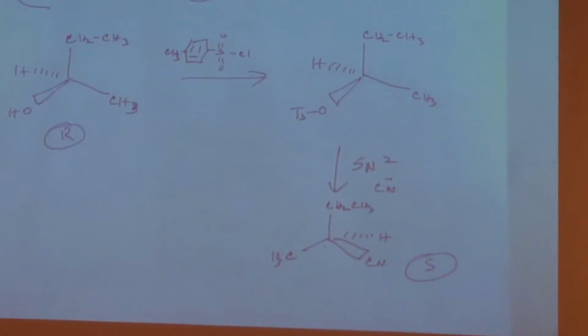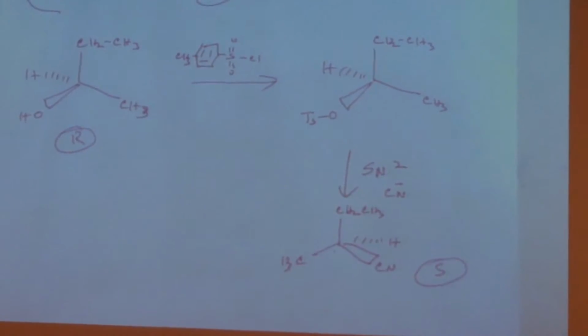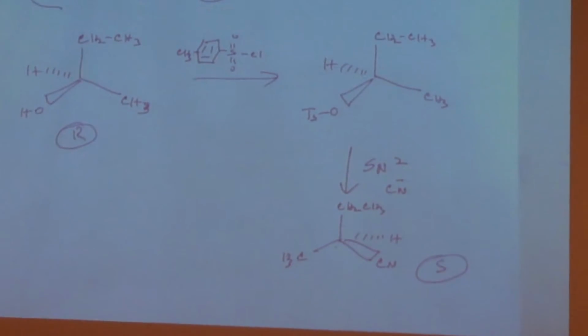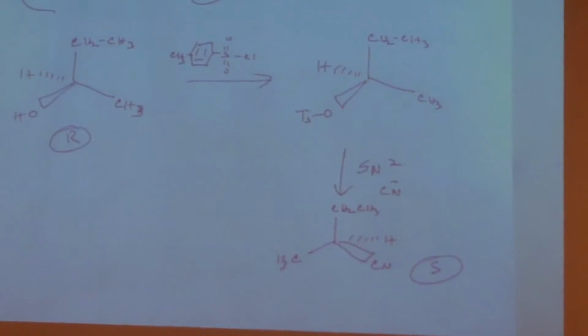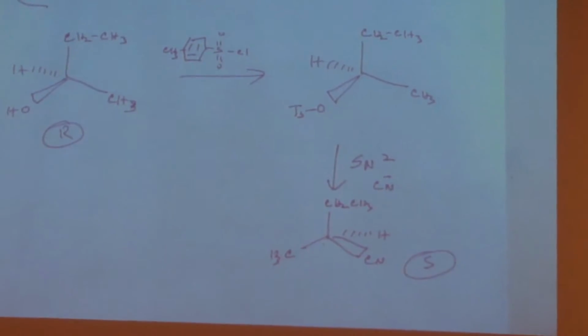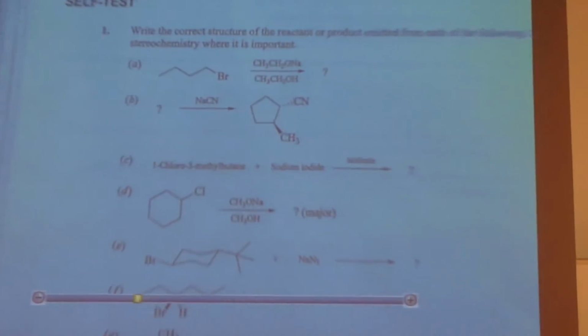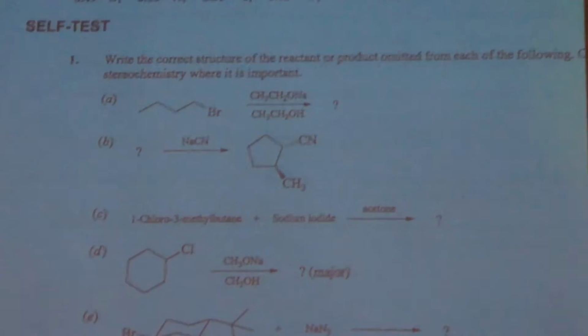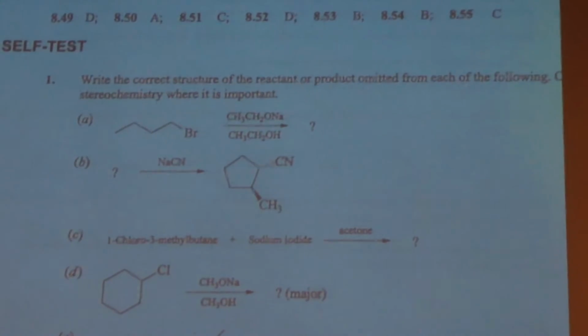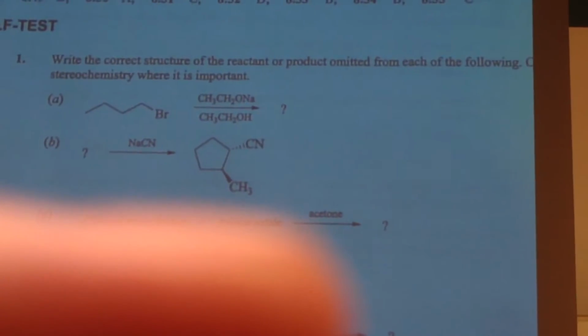All right, so I'm going to go over the self-test that I handed out, to go over some of these problems from this year. So in this case, let's first identify the type of reaction that is happening in the first question.